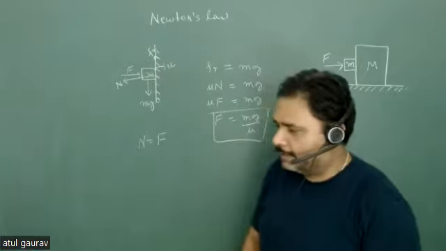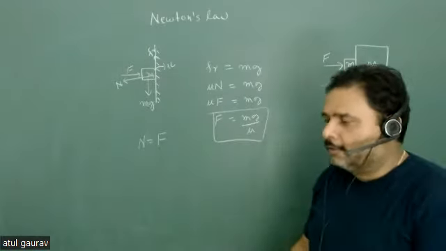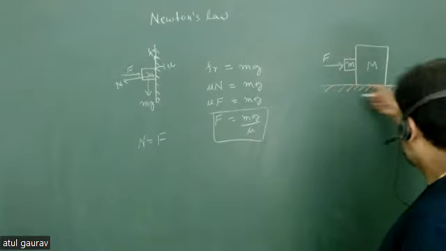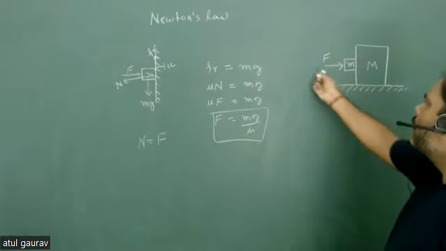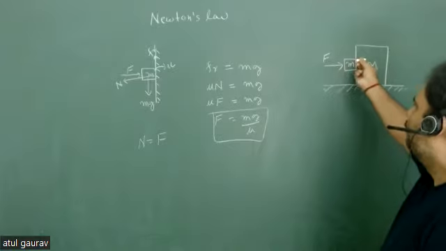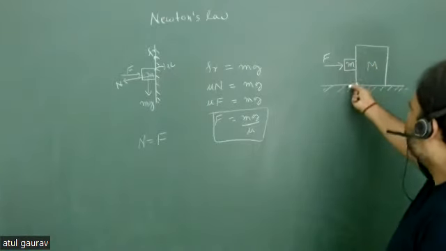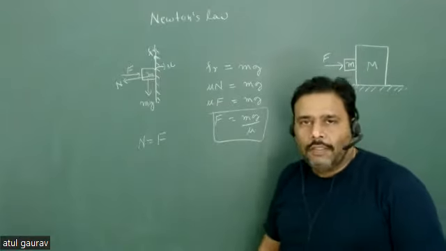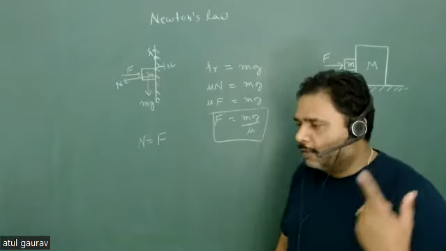This is very interesting, so you have to do this particular problem. Now, since this is frictionless, whatever force we apply, irrespective of whether it is going downward or upward, it will move in a horizontal direction. Are you getting my point? Is there any confusion here?